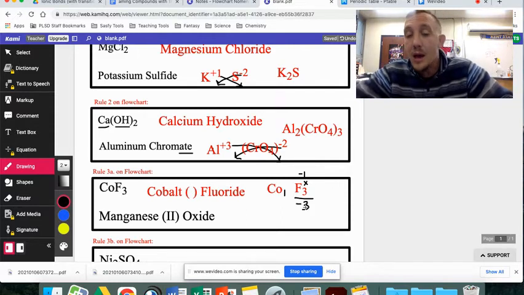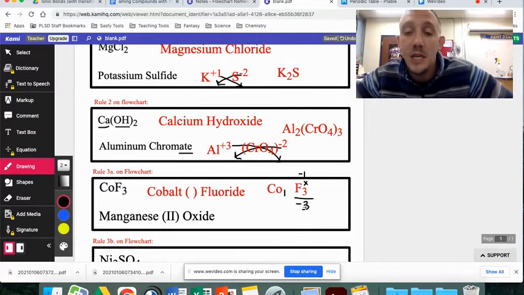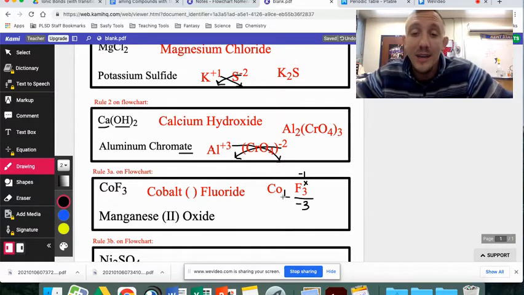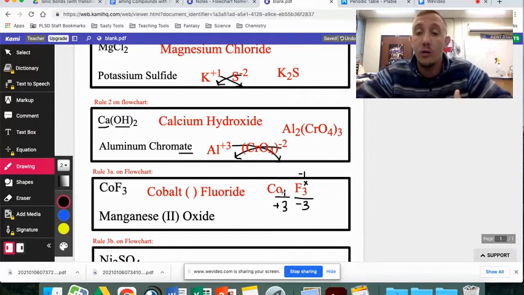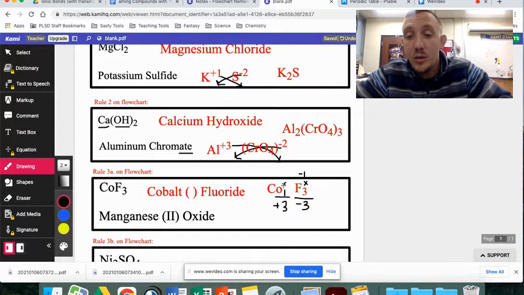Now, the problem is for something to bond, my charges have to equal. So cobalt needs a +3 charge. How many cobalts do I have? Well, I have 1 cobalt. What times 1 is going to give me a +3?